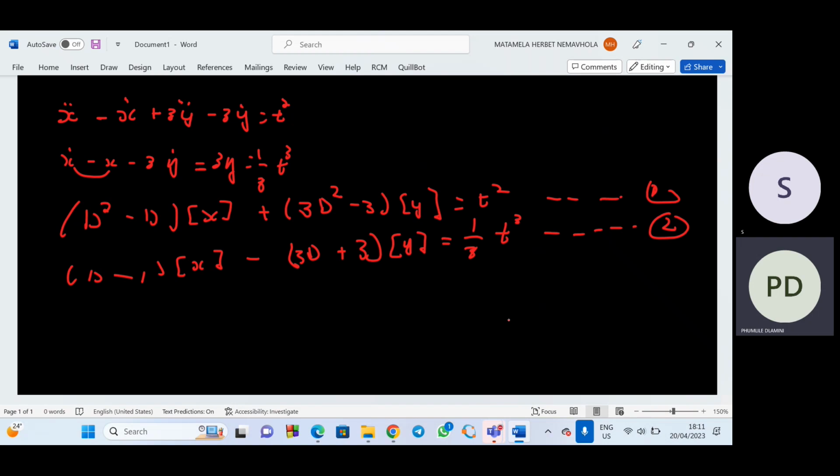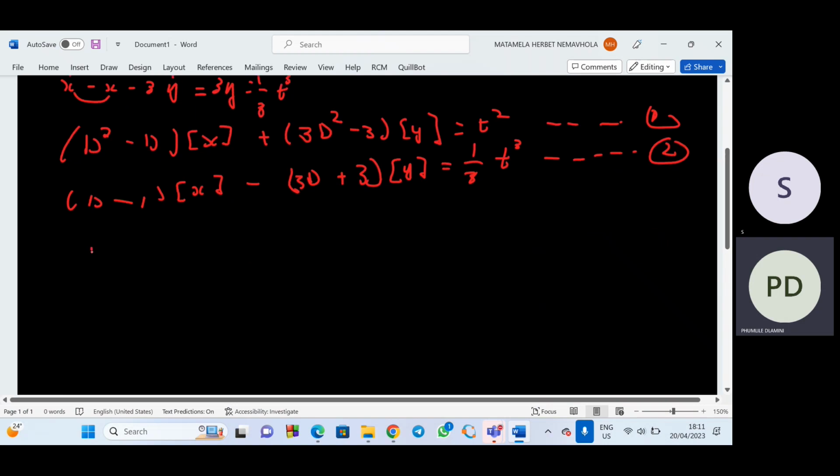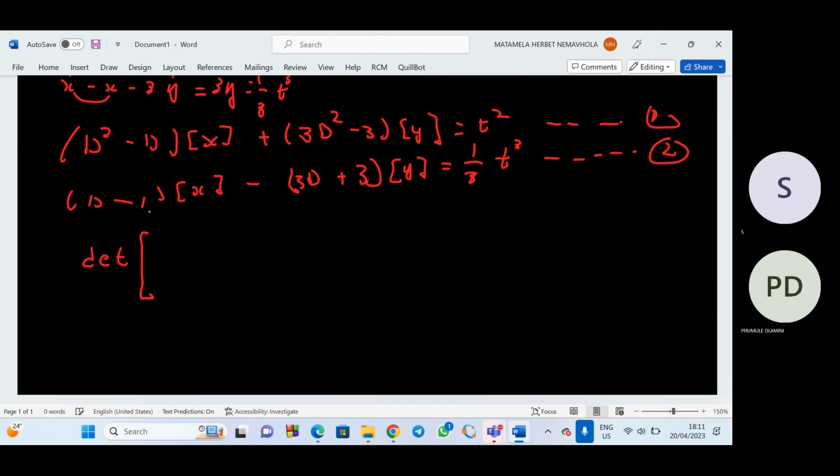So now that we have this, you can see that we can multiply to get the determinant of this matrix. Then I will just write this one here and this one. I can just say d squared, then minus d, I use t squared.